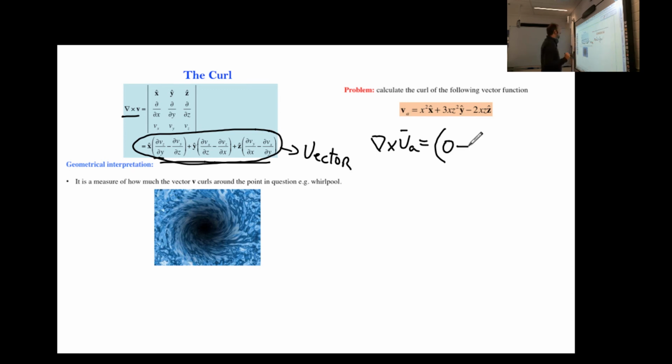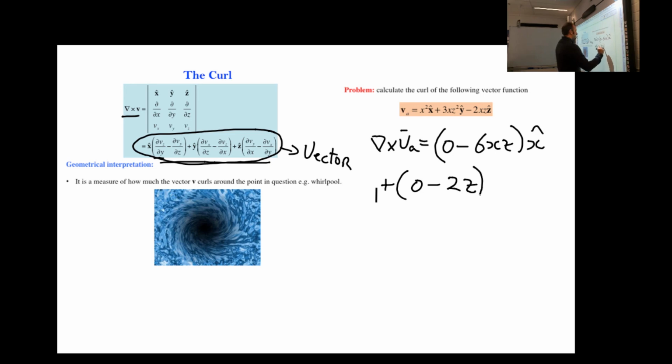So we have 0 minus the partial derivative of the Vy component with respect to z, so we have a 6xz x hat, plus partial derivative of the Vx component with respect to z, so 0 minus partial derivative of the z component with respect to x, plus partial derivative of the y component with respect to x minus the partial derivative of the Vx component with respect to y, 0, z hat.